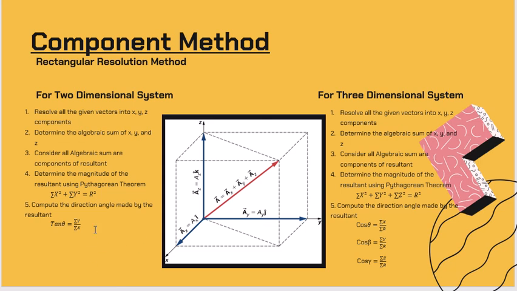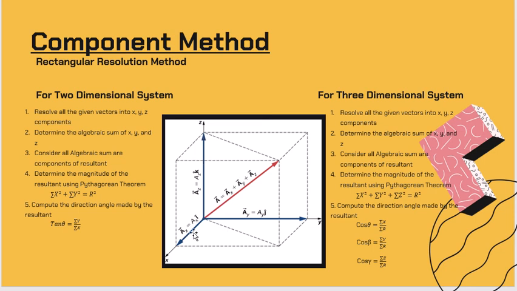So, in terms of the direction of the angle, summation of x, ito siya. Summation of y, ito siya. Tapos, summation of z. So, ibig sabihin, nandito yung kinukuha mong angle or the tangent. Kapag compute for directional angle made by the resultant, yun nanditong resultant natin, no?